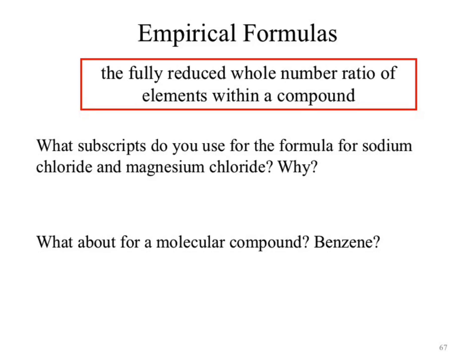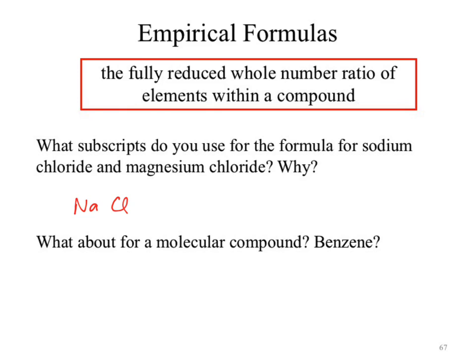So if I looked at the compound for sodium chloride, the formula, what would I write? NaCl. Even though if I look at a larger structure, a sample of sodium chloride, there's probably billions of sodium atoms and billions of chloride atoms. Right? I still boil that down to the basic structure of NaCl.